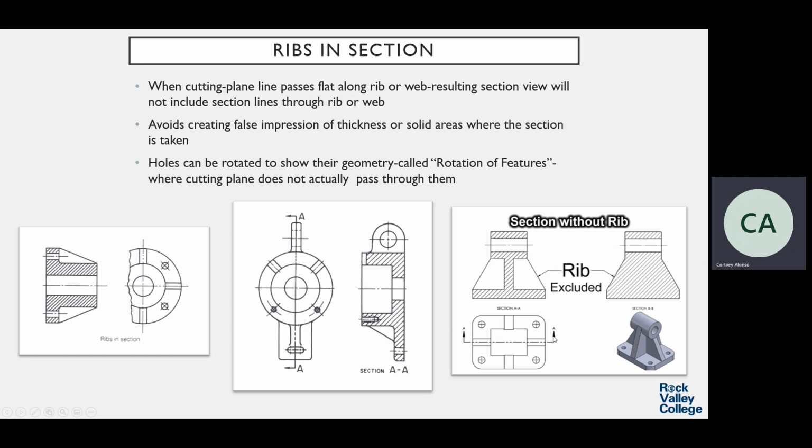But if I cut and I want to see the rib, or if there's some specific information that I want to see, I would show the rib. This avoids creating a false impression of thickness or solid areas where the section is taken.